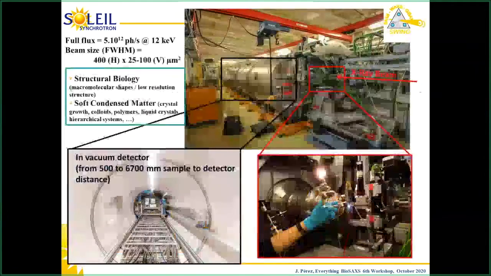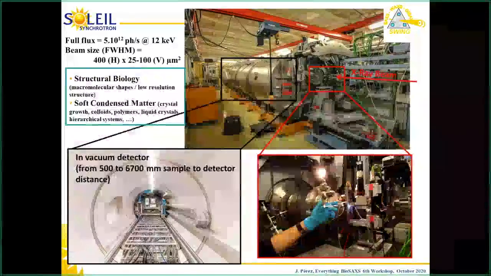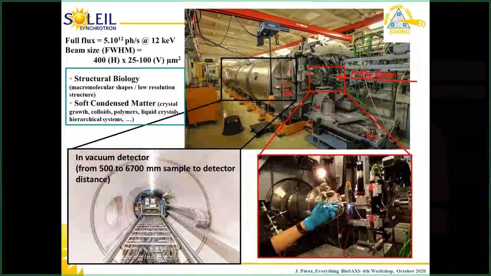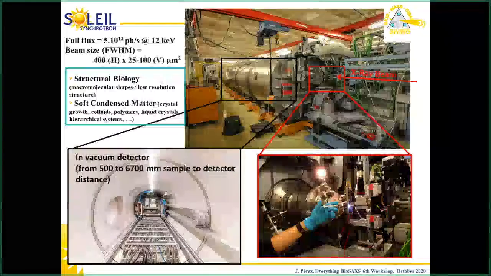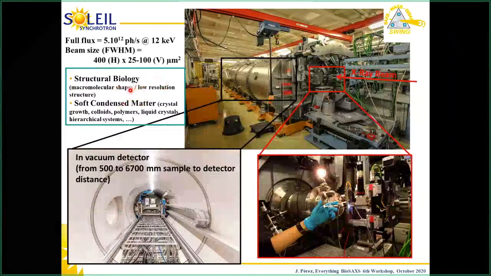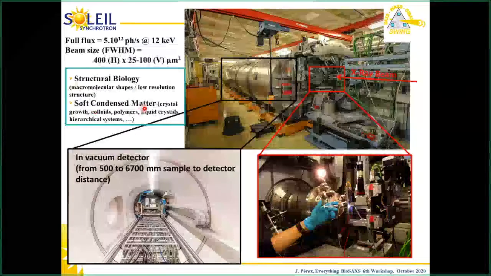So the synchrotron is situated 30 kilometers to the south of Paris, and our Beamline was one of the first built Beamline in 2008, and from the beginning was shared in terms of scientific cases between structural biology and soft condensed matter.